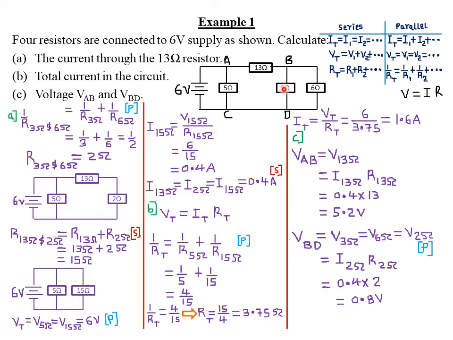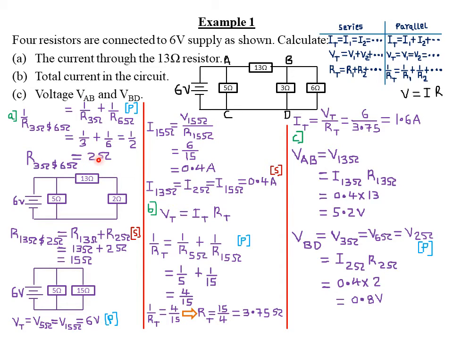So suppose the voltage was flowing this way, the voltage entering this junction at point B is actually the voltage through the combination of 3 and 6, which is actually the voltage through the 2 ohm resistor.